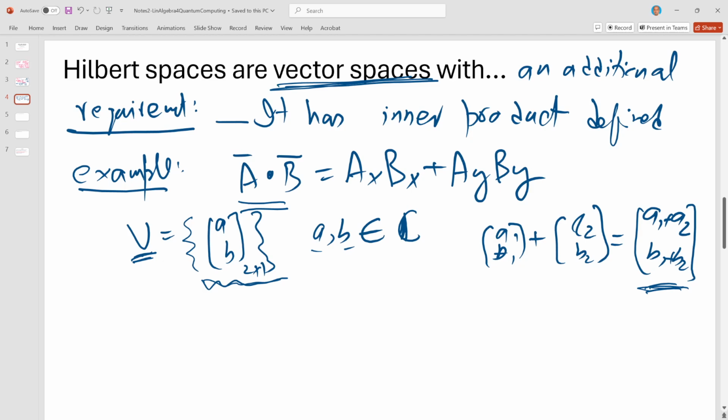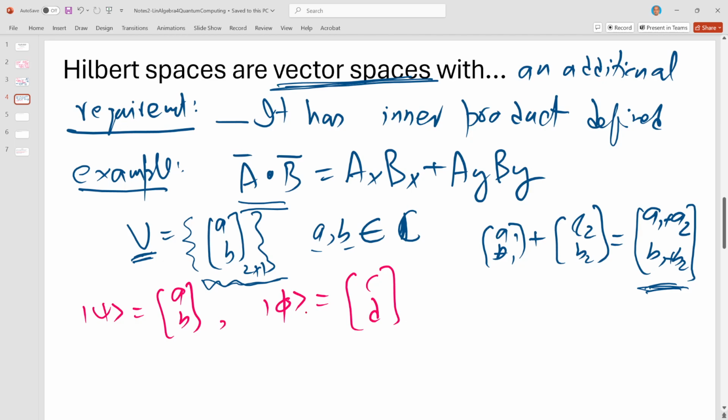And let's define the inner product between these two complex vectors. One way of defining the inner product is, let's say I have a column vector, let me call it psi, and then phi is another column vector.